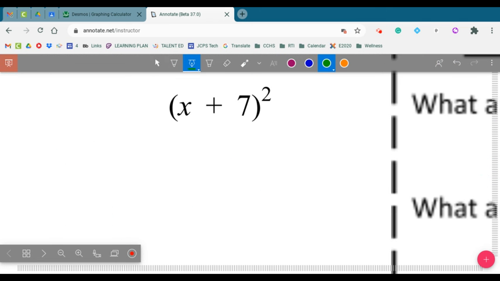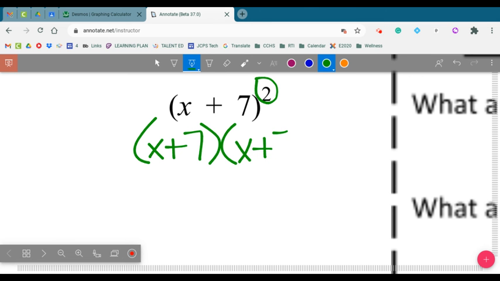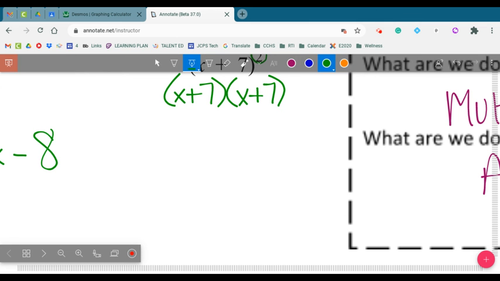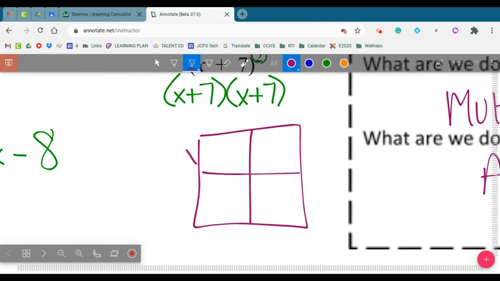Next, we have x plus 7 squared. So if you guys remember, if we have this 2, we have to write it twice. So then we're going to create our box. x, 7, x, 7. So x times x is x squared. 7 times x is 7x. x times 7 is 7x.